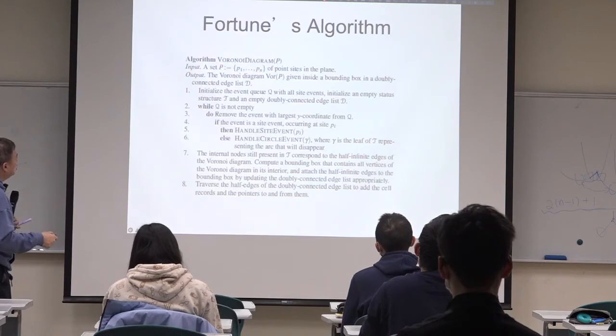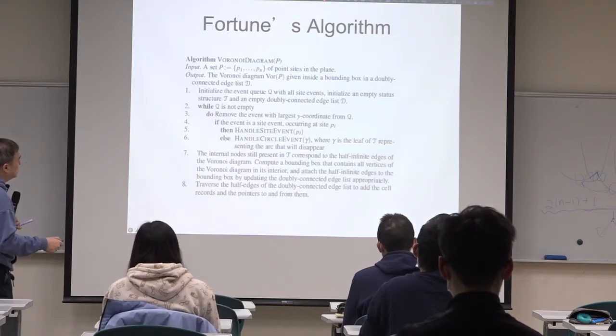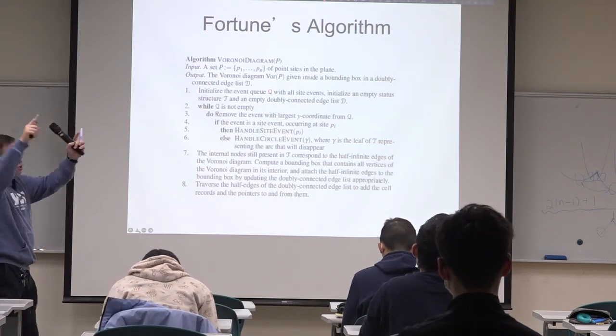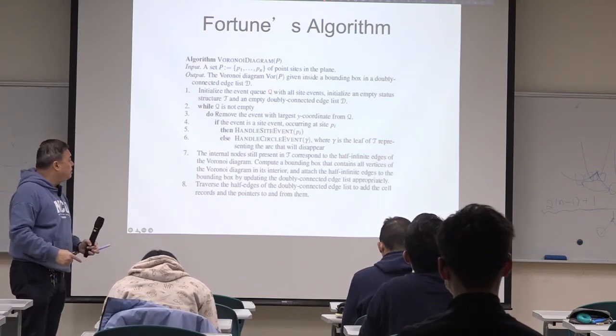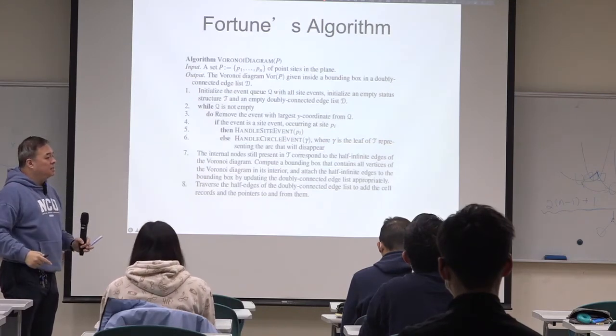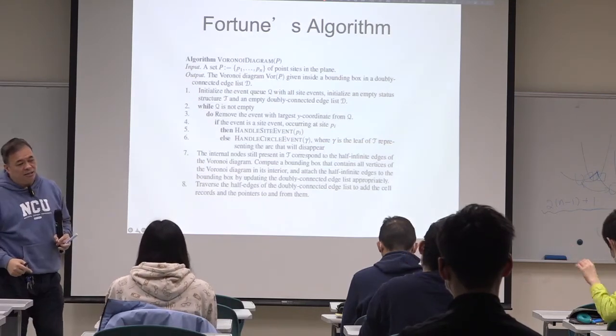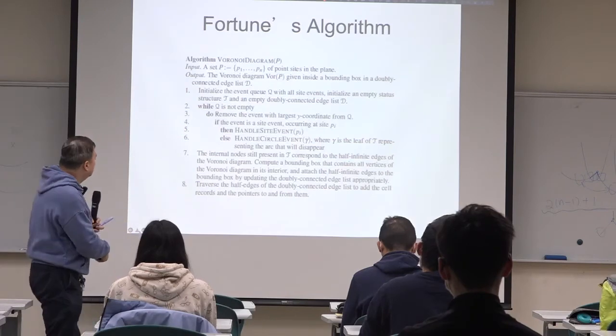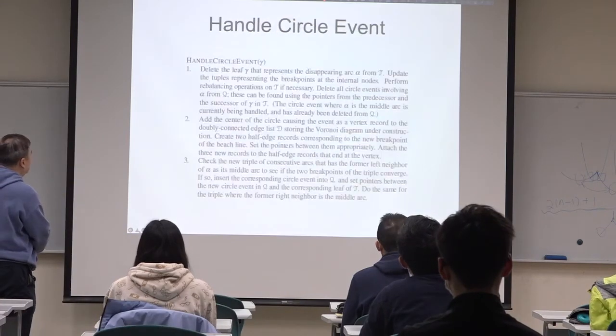We also assume there's a bounding box for all the sites, so originally we already start from the bounding box in the doubly connected edge list. The other parts I think we already explained.